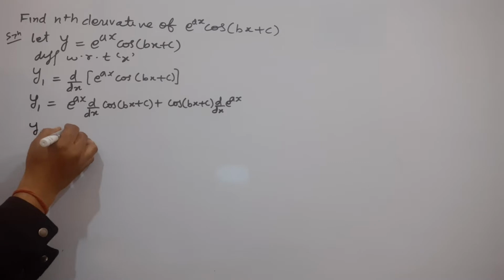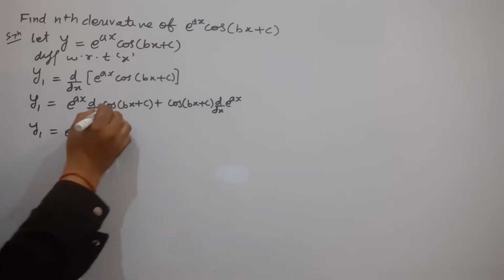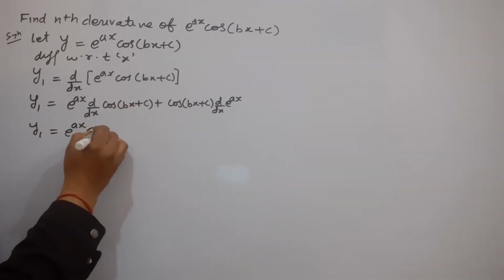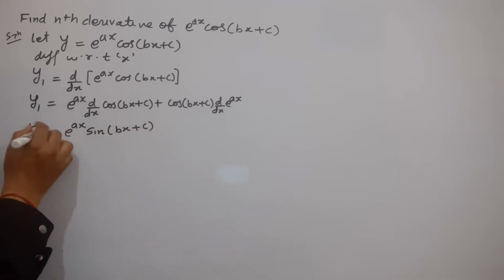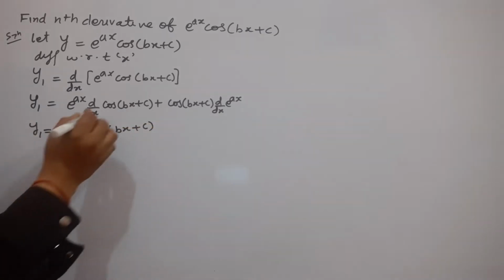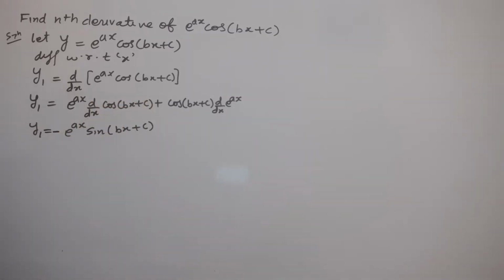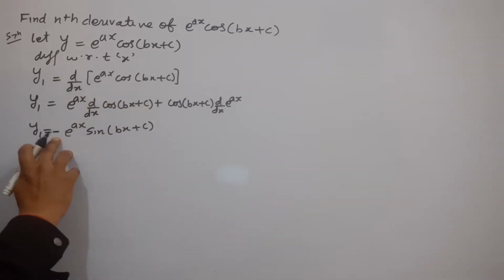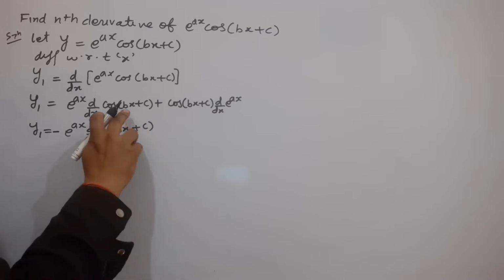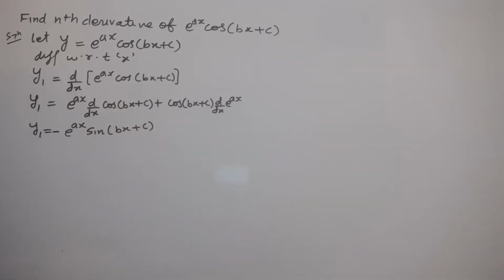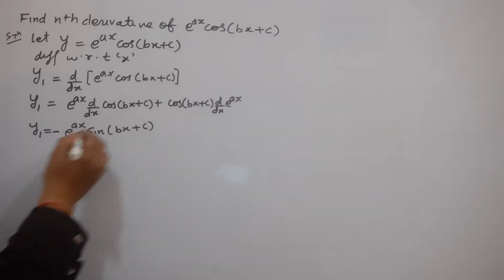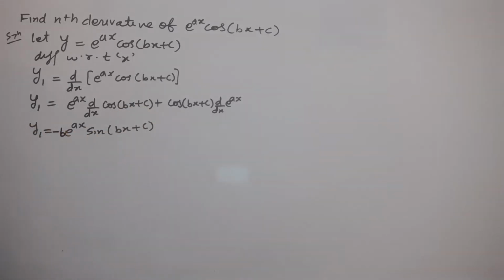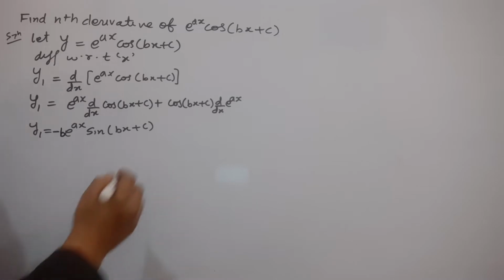We know that the differentiation of cos x is minus sin x, so we write minus sin(bx + c), and the differentiation of bx + c is b because the differentiation of x is 1 and c is a constant, so its differentiation is 0.